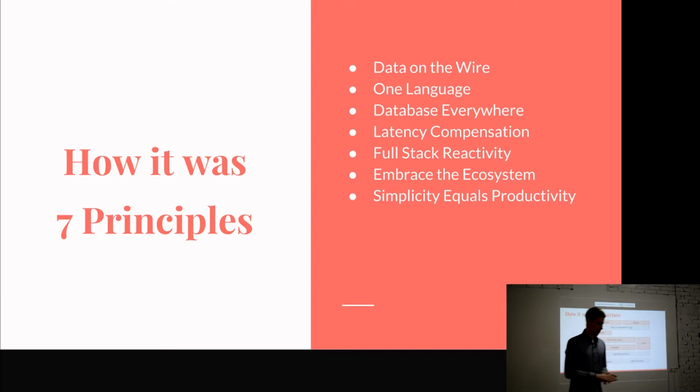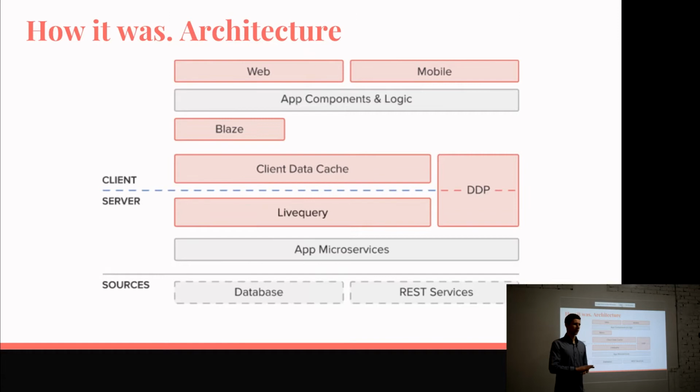And this is how the architecture looked at the beginning. There were some database sources. There was the server-side part of Meteor, which mostly concentrated on the live query thing. Then there was the client data cache.